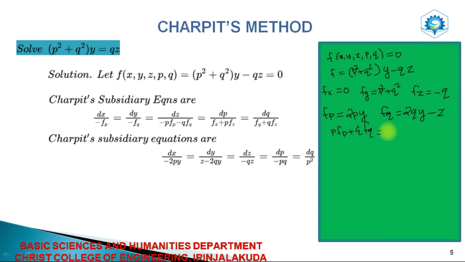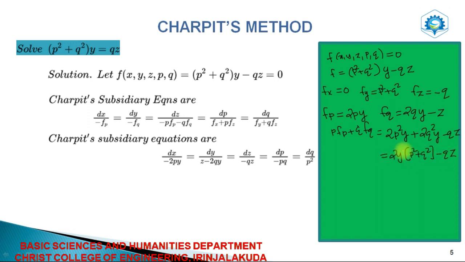Now our fp is 2py, so pfp is 2p square y, plus qfq is 2q square y minus qz. Now let us take this 2y common: 2y into p square plus q square, minus qz.